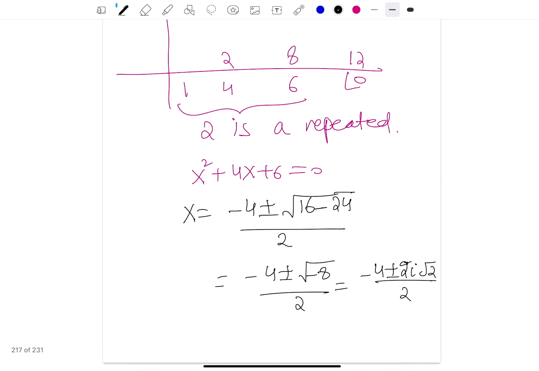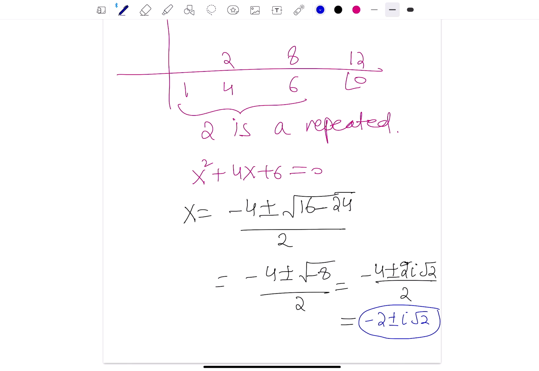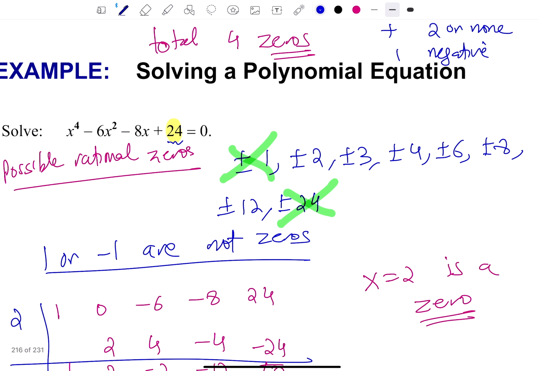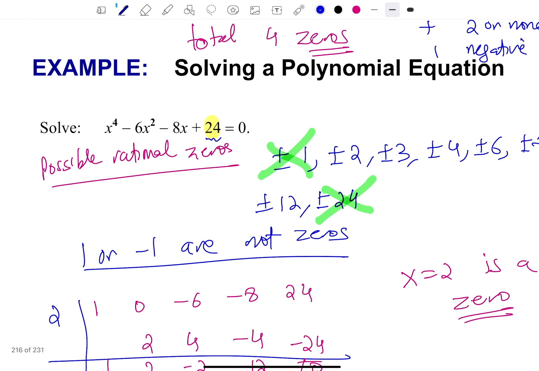If we simplify, factor a 2 out from the numerator and cancel it with the denominator, this is what we are left with. So for this polynomial, we have 4 zeros, which are 2, 2, and negative 2 plus minus i root 2.